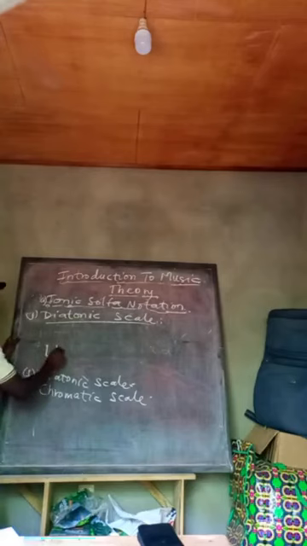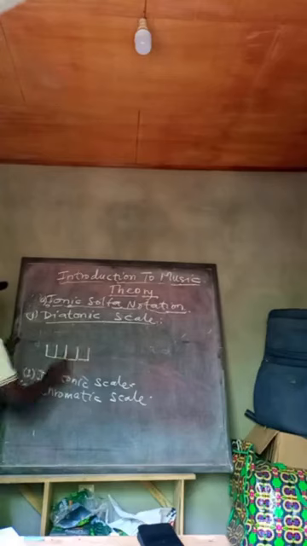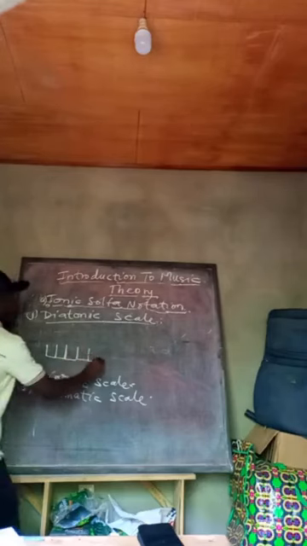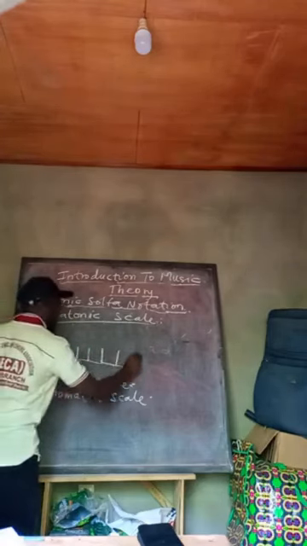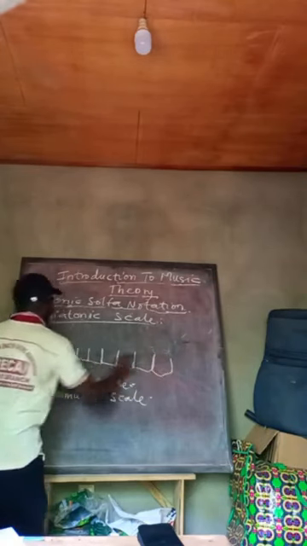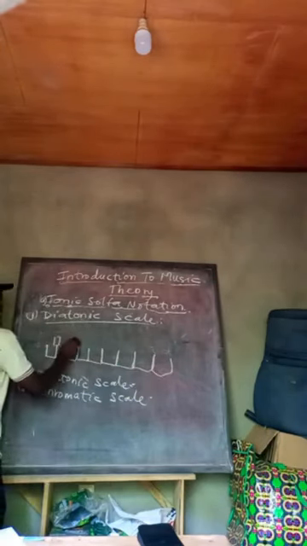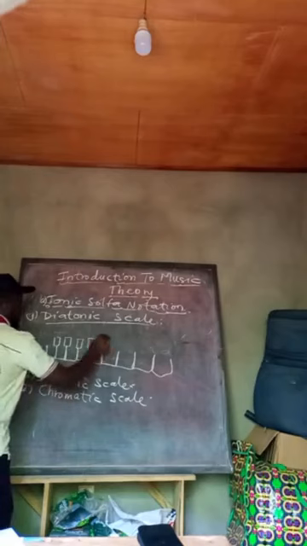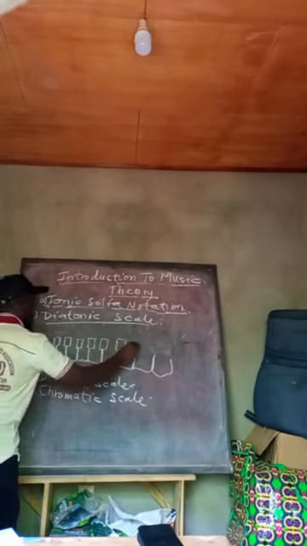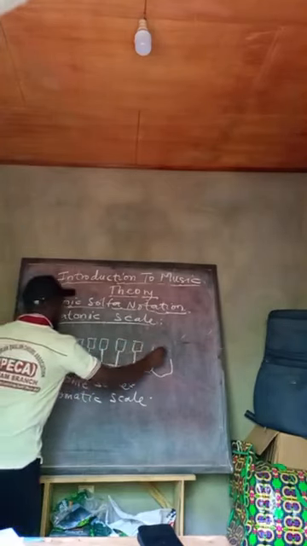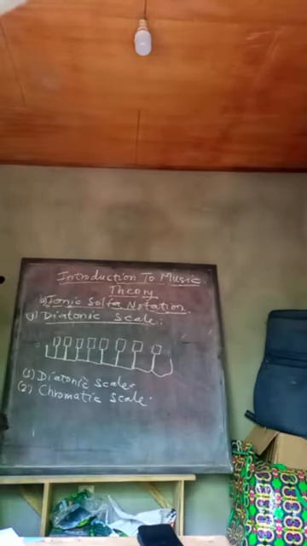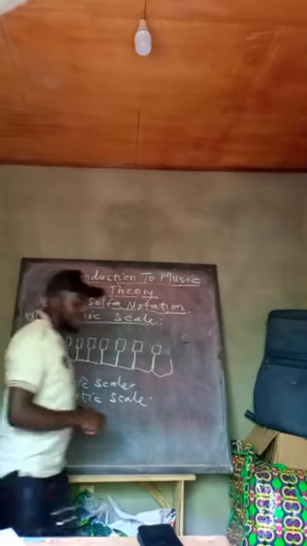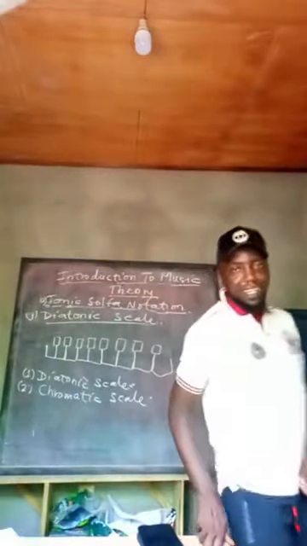Have you ever seen a piano before? Let me just draw a rough setting of a piano. Can you check that diagram? Can you tell me what is wrong with that diagram?